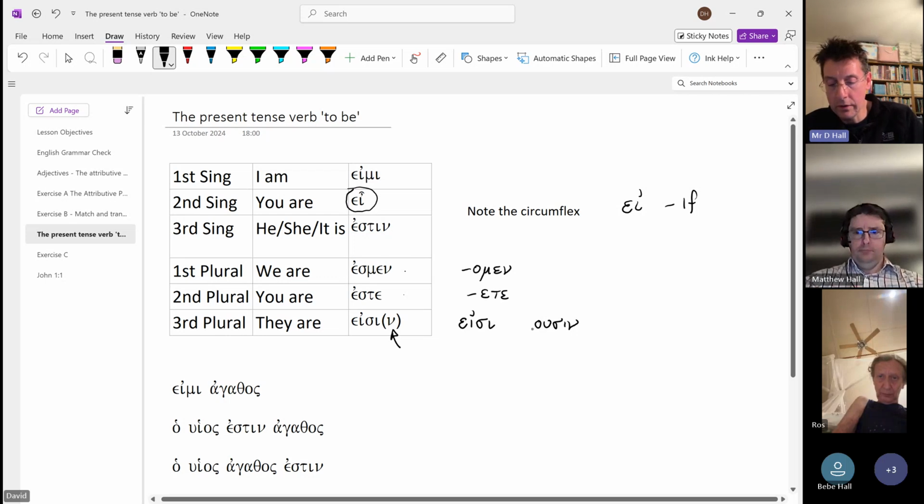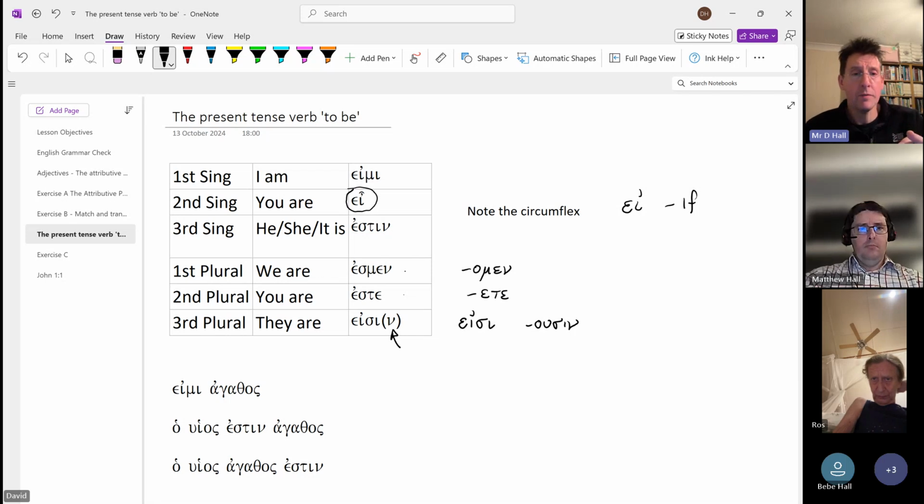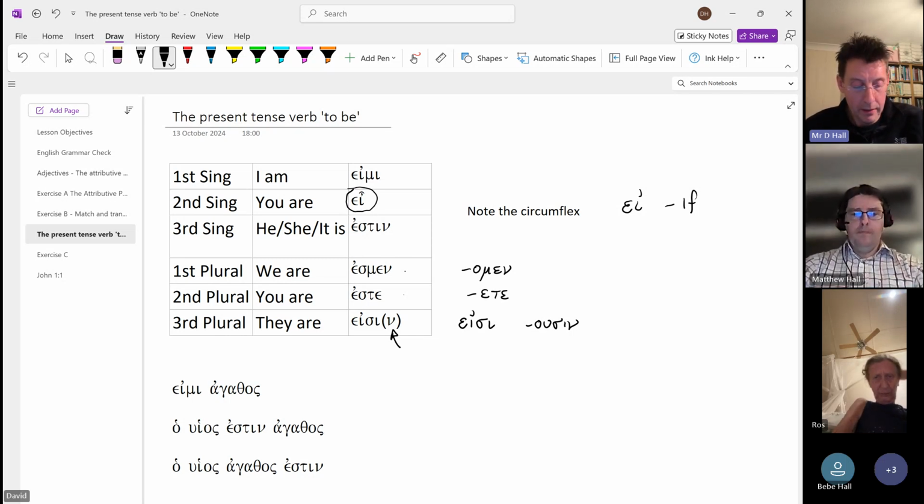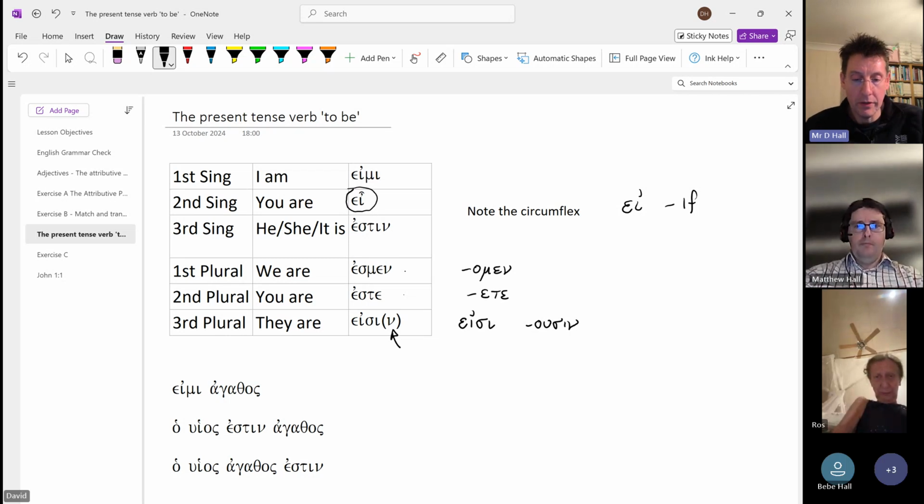So you've got some similarity in the plural to what you already know. So anyway, that's the verb to be, and it'll be used in the same way in sentences as a verb will. However, there is a use of the verb to be which is used to describe a noun.